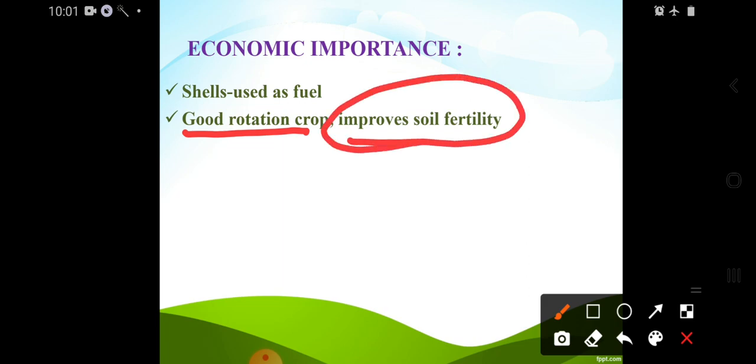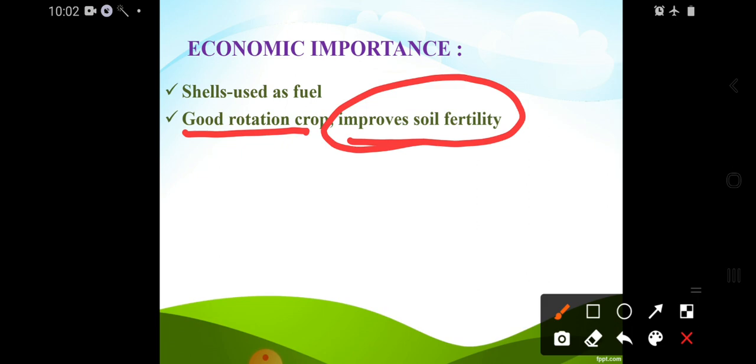Being a legume crop, it fixes atmospheric nitrogen, and the roots present in the soil, after decomposition, provide stored nitrogen to the next crop which we are cultivating there. Ultimately it improves fertility of soil.